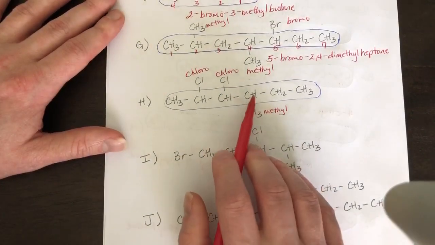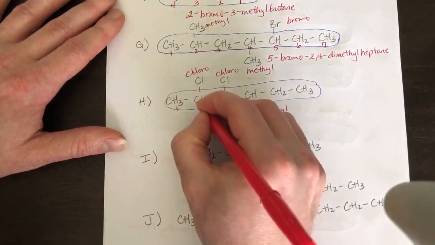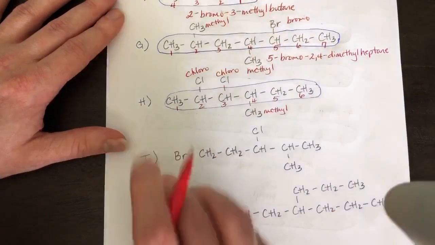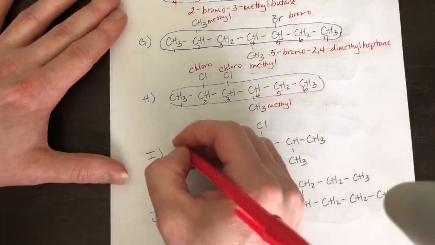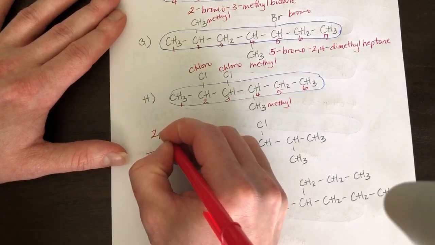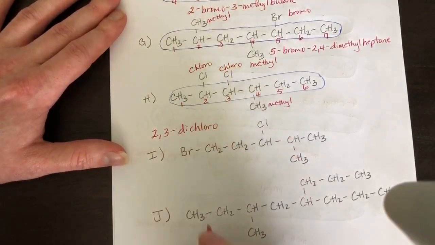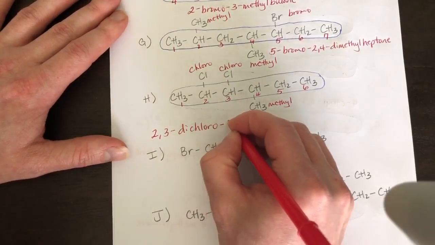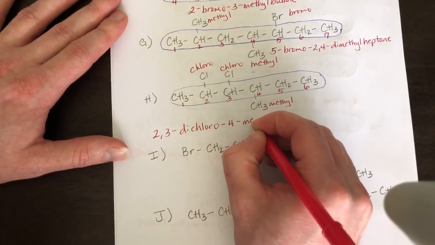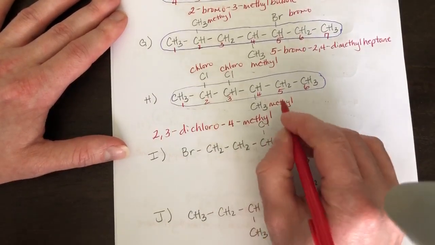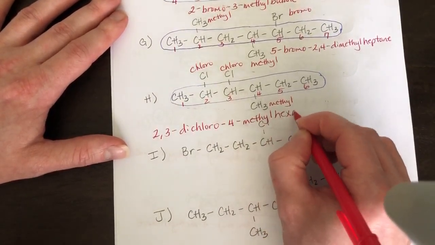The first one over here is 3, so we're going to go 1, 2, 3, 4, 5, 6. So they have to get the lowest numbers possible. So it's going to be 2, 3 dichloro, dash 4 methyl, and it's going to be hexane, 6 long.